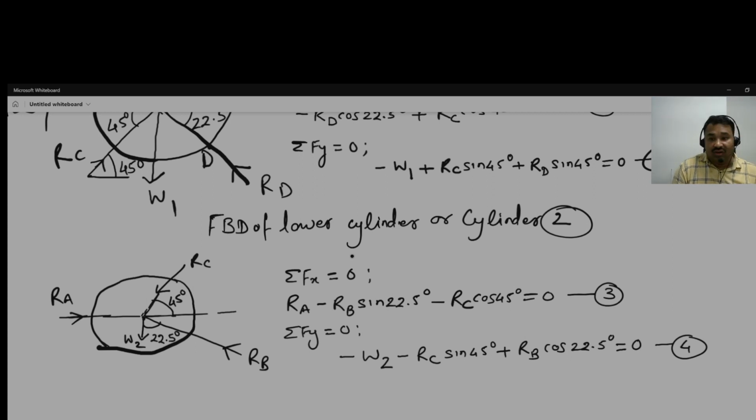So by solving all these four equations, what do we finally get?